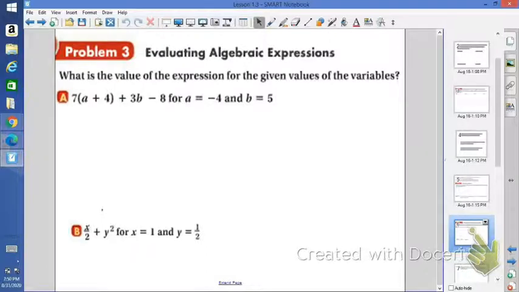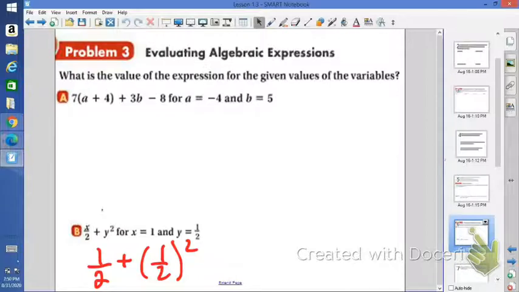All right, so we're going to plug in 1 for x. So we have 1 over 2 plus, plug in 1/2 for y. So 1/2 squared. Please excuse, the E stands for exponents.